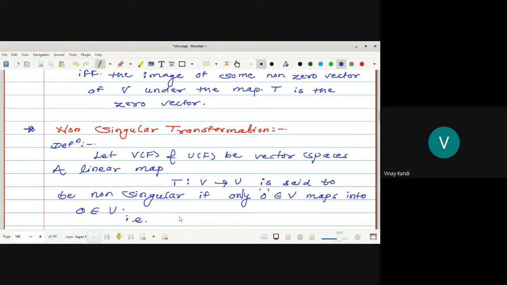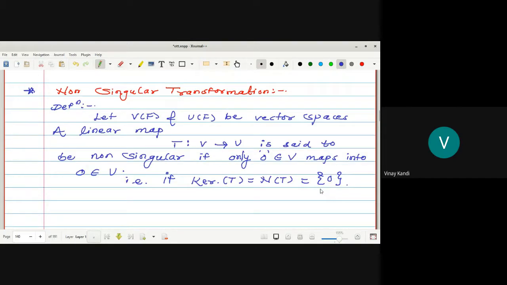That is, what is the meaning of this? The kernel of T, that is the null space of T, is equal to the singleton {0}. Symbolically, T is non-singular if and only if T of v is equal to 0, where v belongs to V, implies v must be 0.